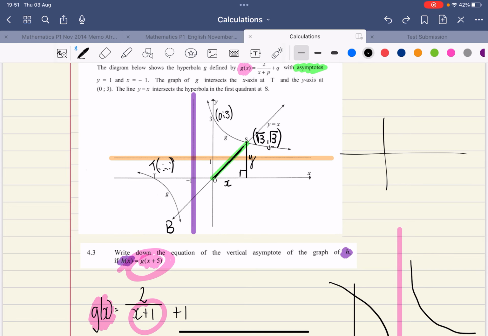Well, let's see. If we were to shift the y equal to x line up, just like this, we would see that at some point over here, we would no longer have a positive root.